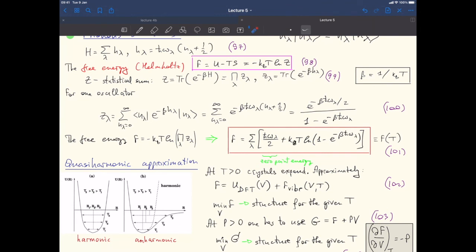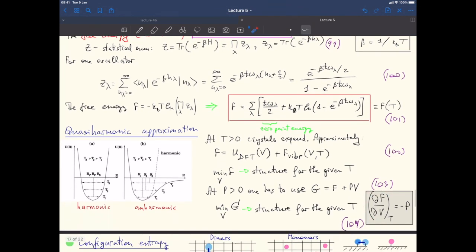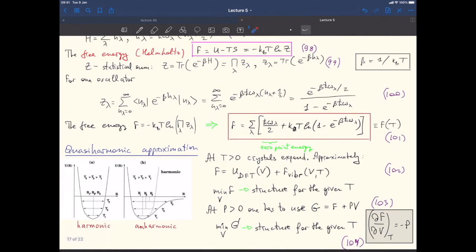In that case, the equilibrium structure for the given pressure is calculated as a minimum of that free energy, or in other words, by differentiating G with respect to the volume at a constant temperature and setting it to zero, you will find this particular relationship between the Helmholtz free energy and the pressure.